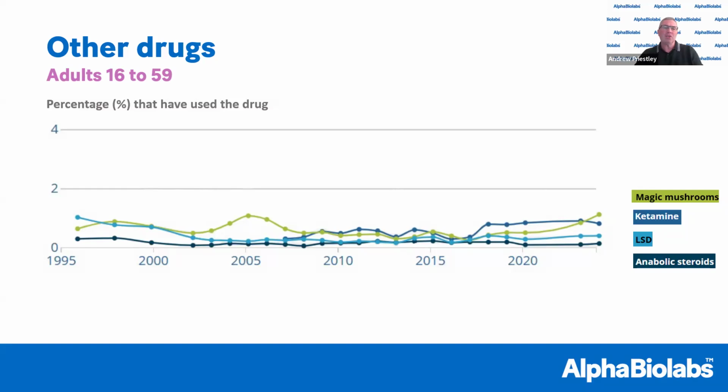And they're the sort of things that are not always addressed in family law cases, yet their impact can be significant. Mainly used by men to enhance their appearance and performance, but excessive usage can lead to aggression, mood instability, and ultimately impaired judgment. You've then also got magic mushrooms, ketamine, and LSD.